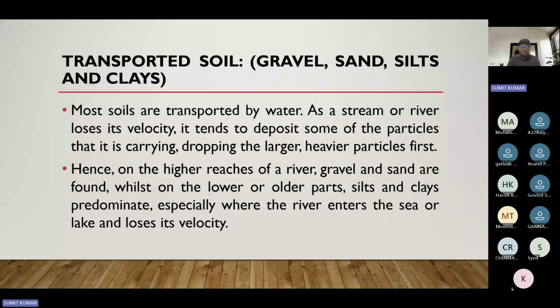Gravel consists of the large size particles of soil, usually with size greater than 4.75 mm, while sand size varies from 4.75 mm to 75 micron, I guess, and below that the silt and clay come, right?